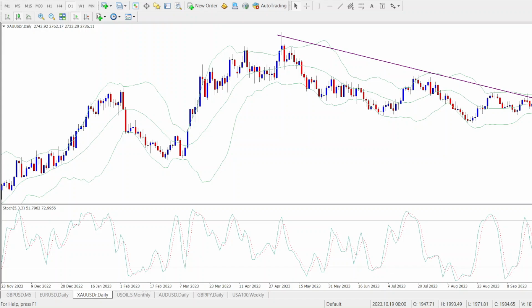The best part about using Bollinger Bands and the stochastic strategy together is that they complement each other beautifully. When the price is touching the upper Bollinger Band and the stochastic is showing overbought conditions, it's a strong signal to consider selling. Conversely, if the price touches the lower band and the stochastic indicates oversold, it could be a good time to look for buying opportunities.